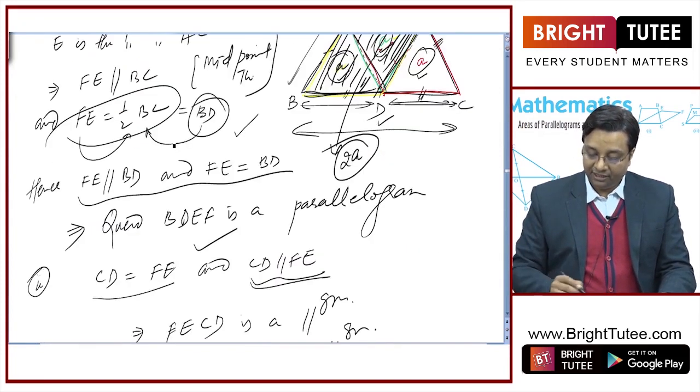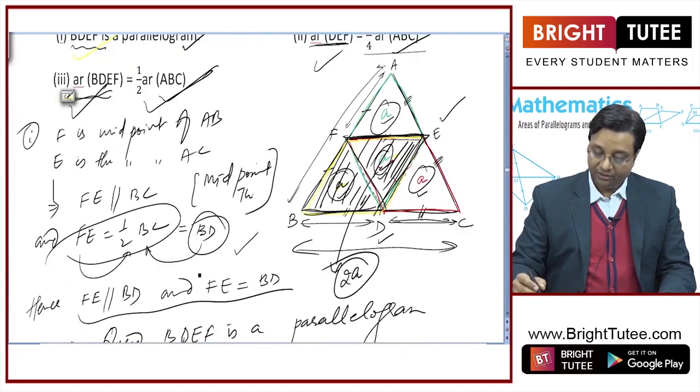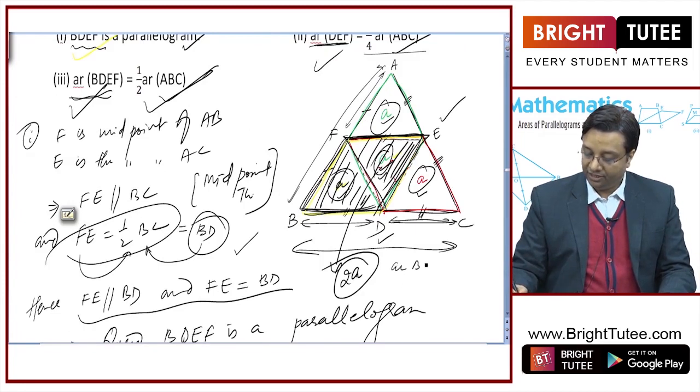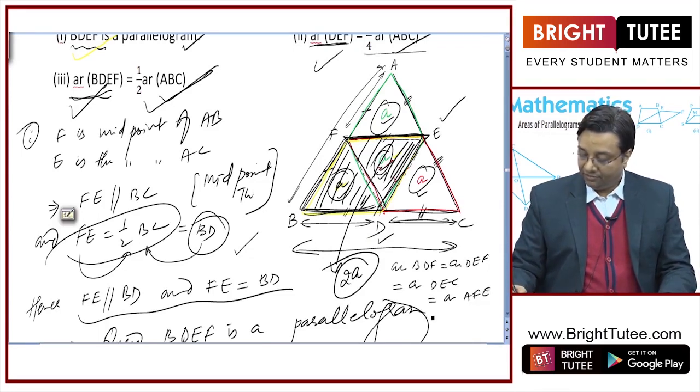Okay, you can write it in words like this, that we have already shown area of BFD, let me write it here, area of BDF is equal to area of DEF is equal to area of DEC, area of AFE, which is equal to 1/4 of area of triangle ABC.